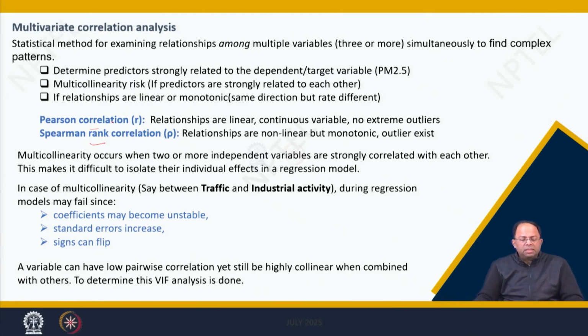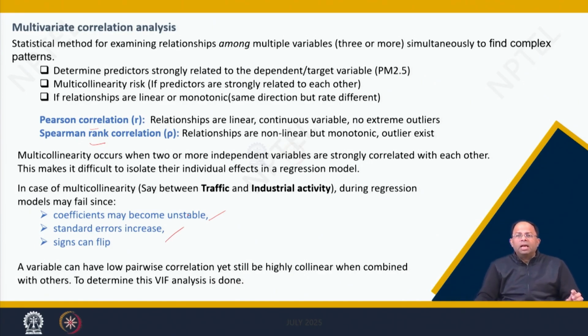For example, take traffic and industrial activity. Both of them influence the amount of emission, so we can say both of these are also correlated. When there is multicollinearity, the coefficients may become unstable. That means in one run you get one set of coefficients, and in another run it may be different. The standard errors will increase, the prediction errors will increase, and the signs can even flip.